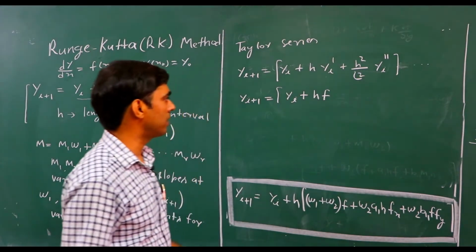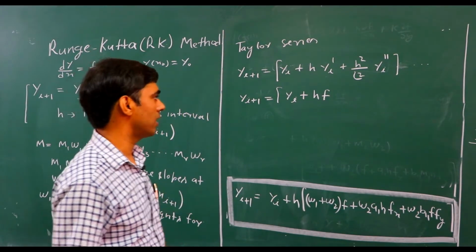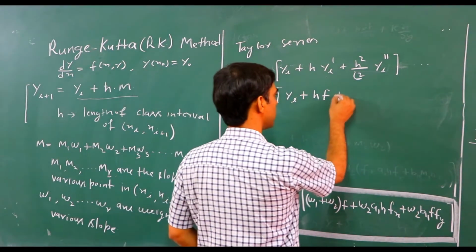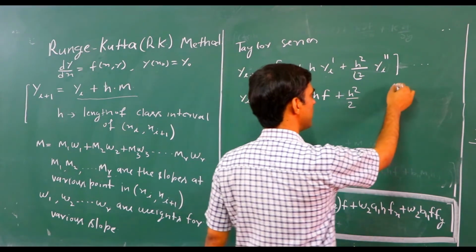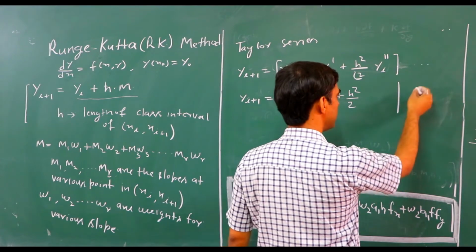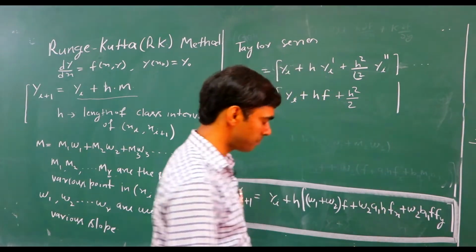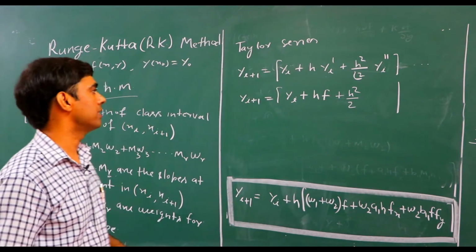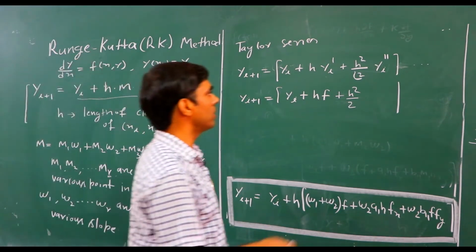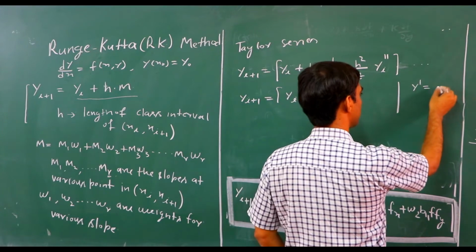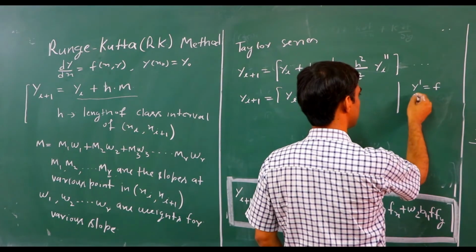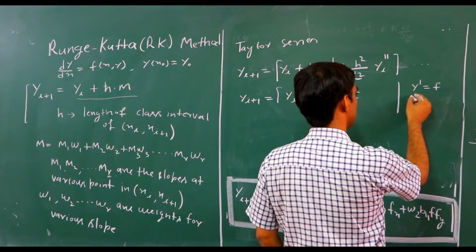Simply, in place of f(x i, y i) we write f, plus h square by 2. What is the value of y double dash if we write it in terms of partial derivatives? Y dash equals f, which means dy by dx.